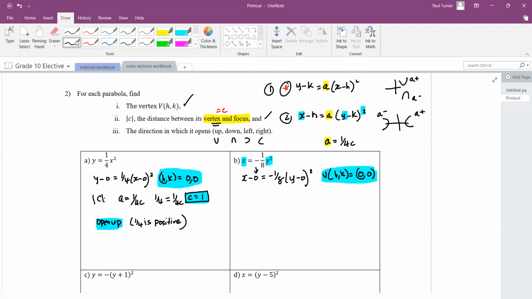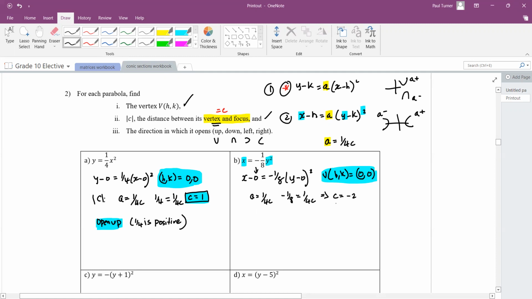And c, let's calculate c. So let's write our formula first, which is a is 1 on 4c. In this case, we see a is negative 1/8. So this implies that c equals negative 2.